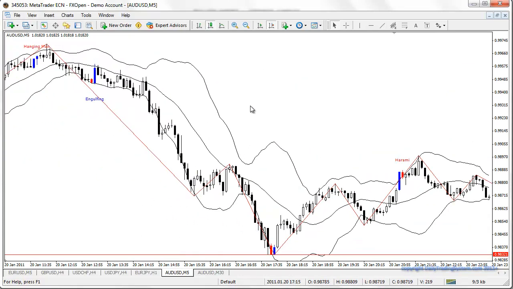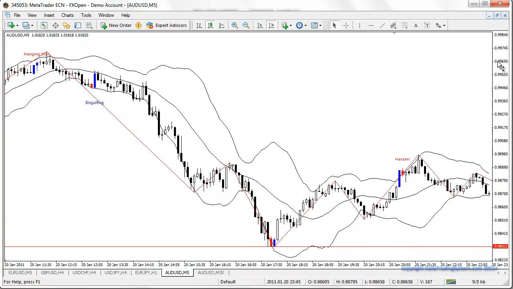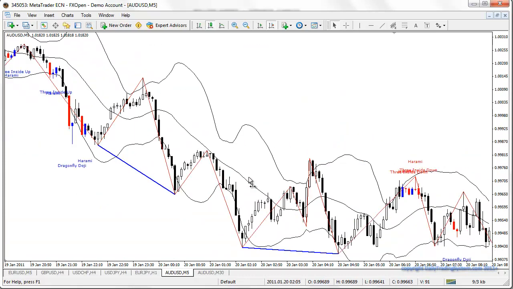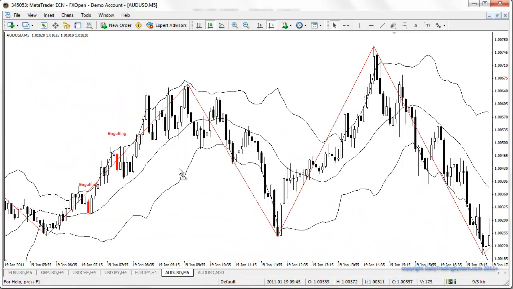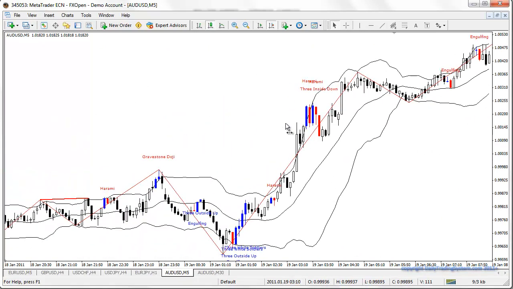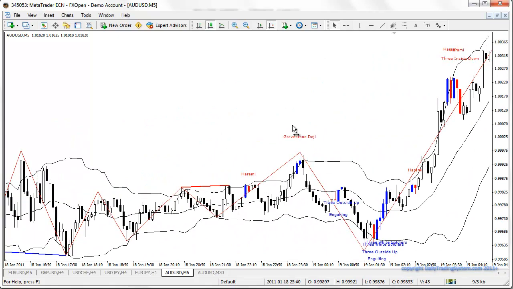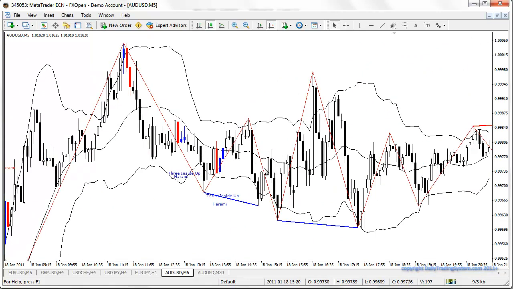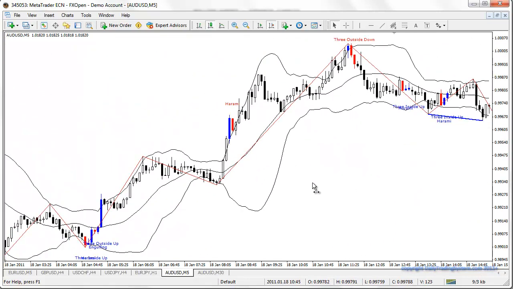Okay, see if we can find some examples. That's a piercing line. Okay, well here's one. Now you can see as this has gone up, it's stopped, and it's also formed an area of support.